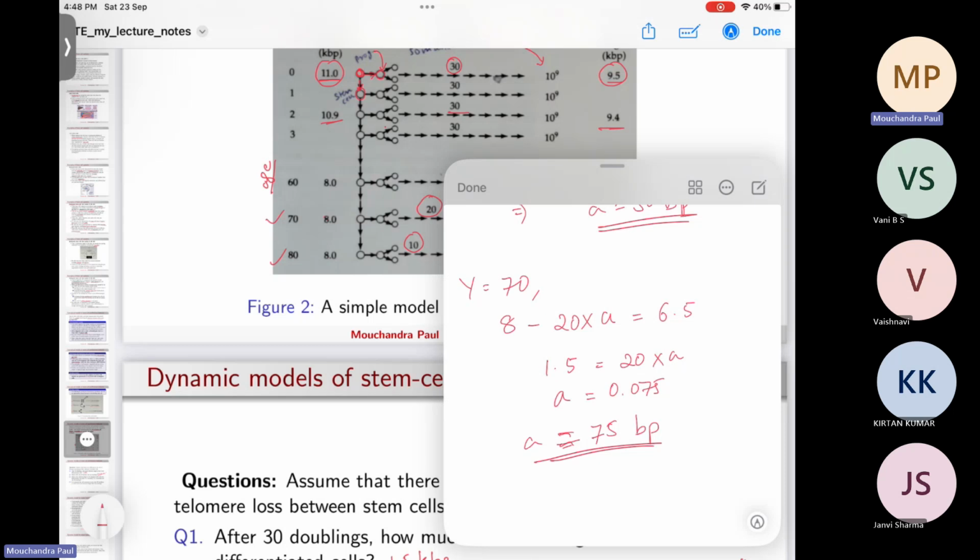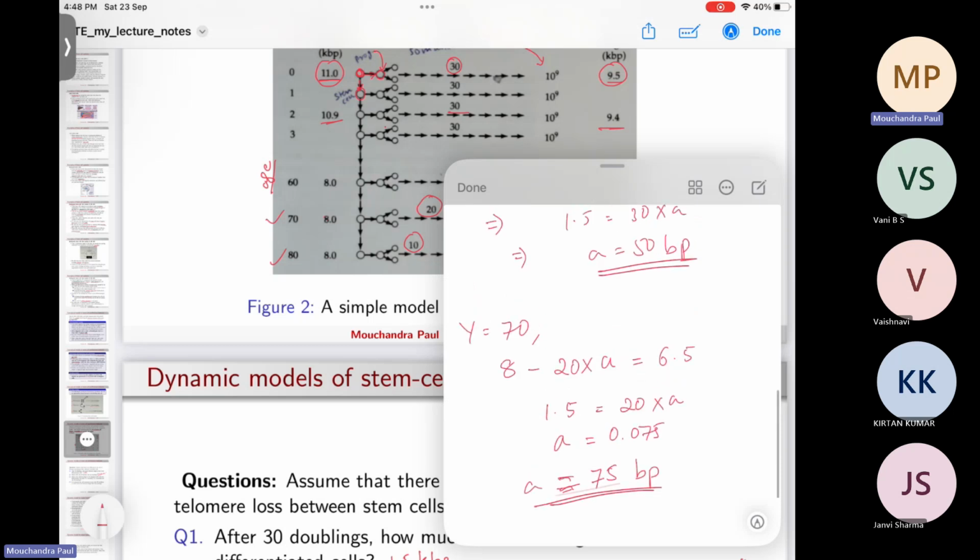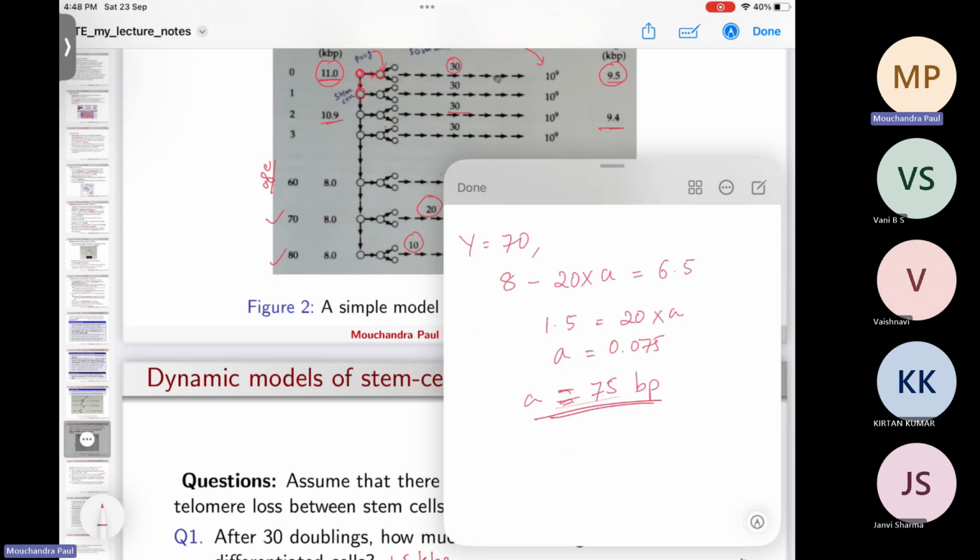Now you can just see that at year 70 or 80, the telomere length is decreasing at a faster rate, right? Because now the rate is not 50, the rate has changed to 75 base pair, and you can check for 80 as well.